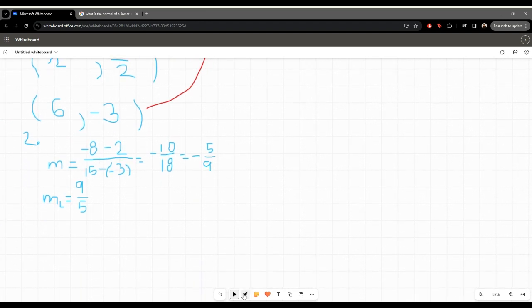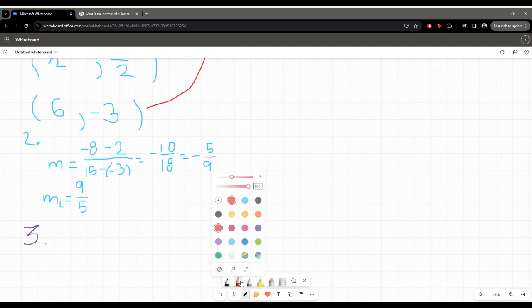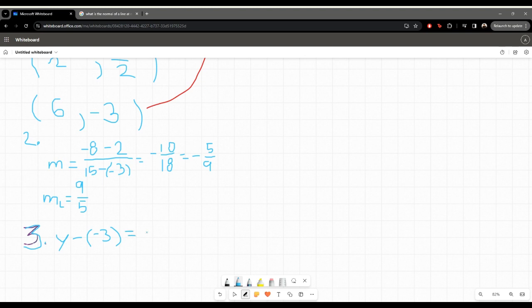So now solving for question number 3, we will use the point slope form of an equation where we have y minus y1, which is negative 3, equal to our slope, 9 over 5, multiplied by x minus x1, which is 6.